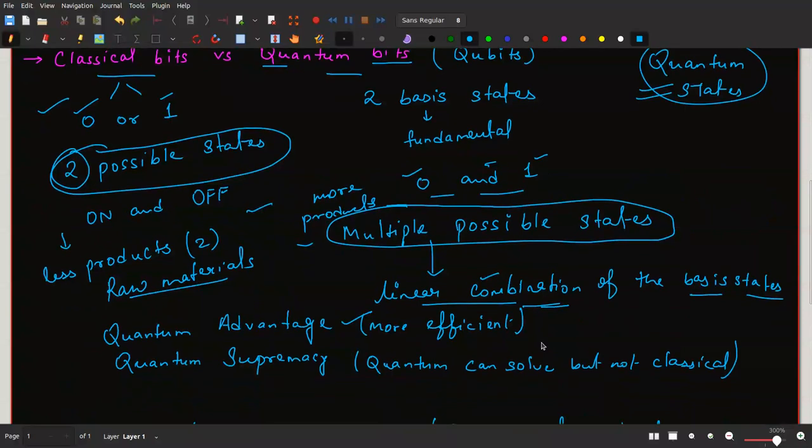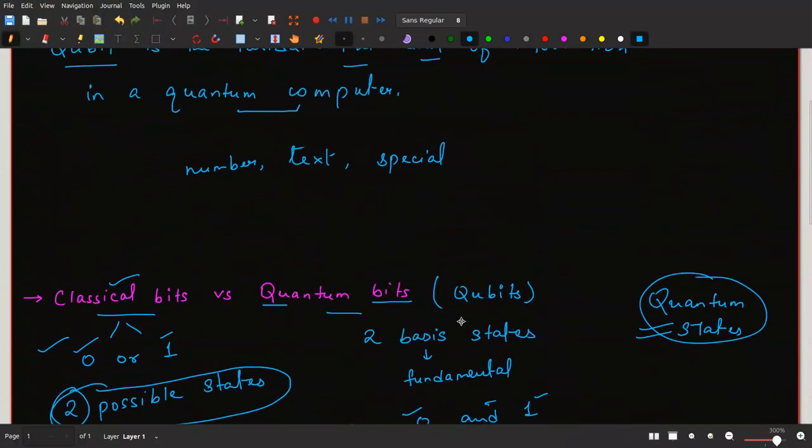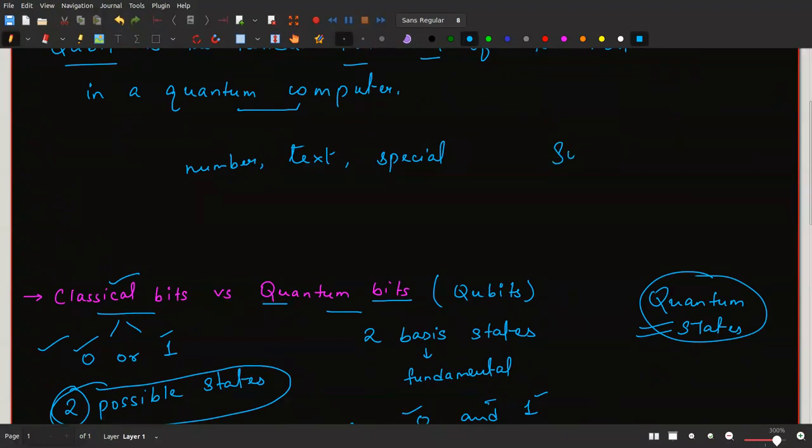So if I'm able to perform linear combination, it is because of some principle. About that principle I will also be discussing. Just that I am mentioning here the principle name is superposition. If I can combine these states and make some new states, that is because of the principle known as superposition.